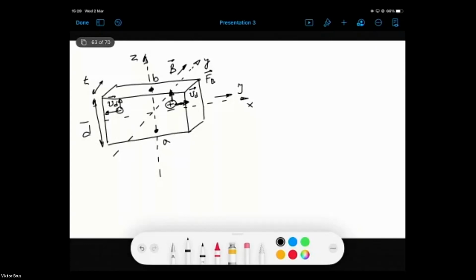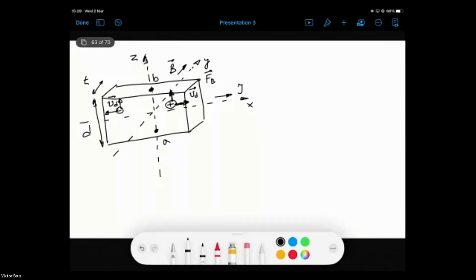This means that because of this force, they will accumulate a bit closer to the upper edge of the conductor because there is this force pointing them in that direction. If we accumulate a bit more of these electrons at the upper edge of the conductor, they will create some negative space charge.